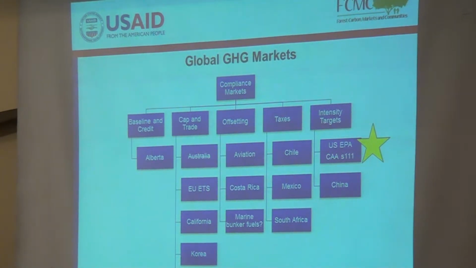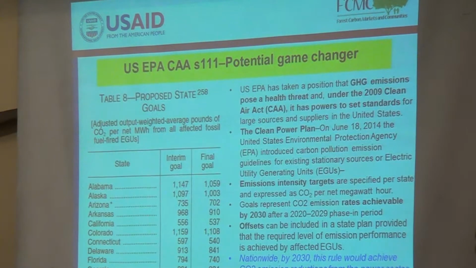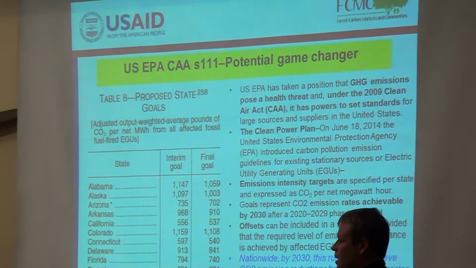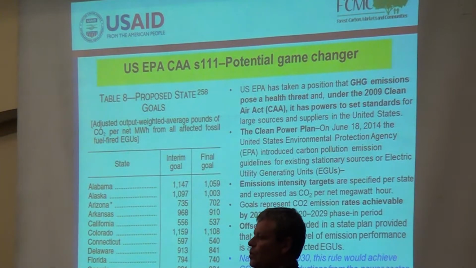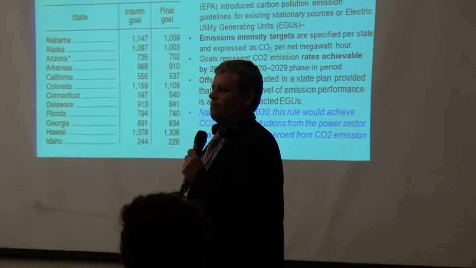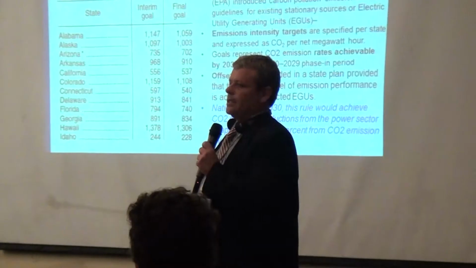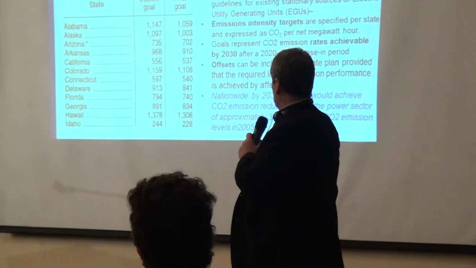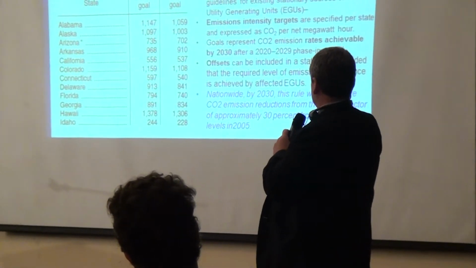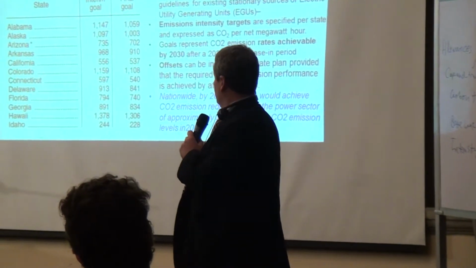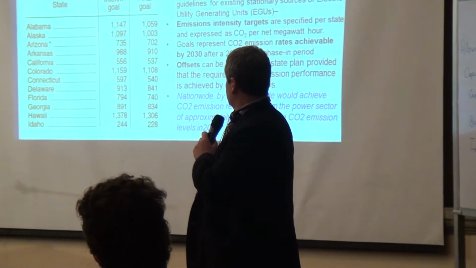So let's look at the US. What is happening in the US is that there are currently proposals on new power plants, modified power plants, and existing power plants. And the existing power plant proposal is called the Clean Power Plan. And this has come out of one of President Obama's initiatives.